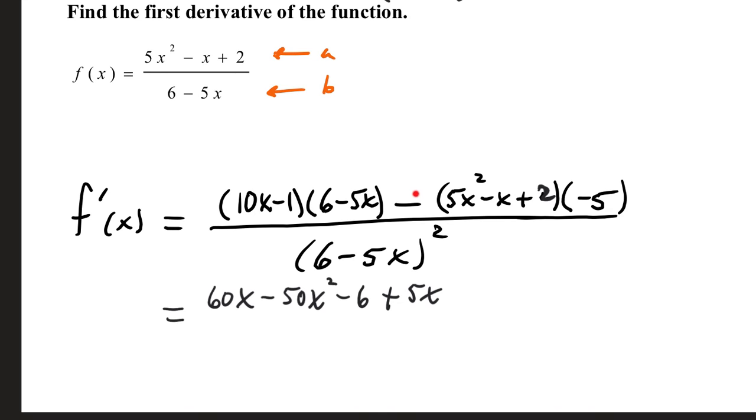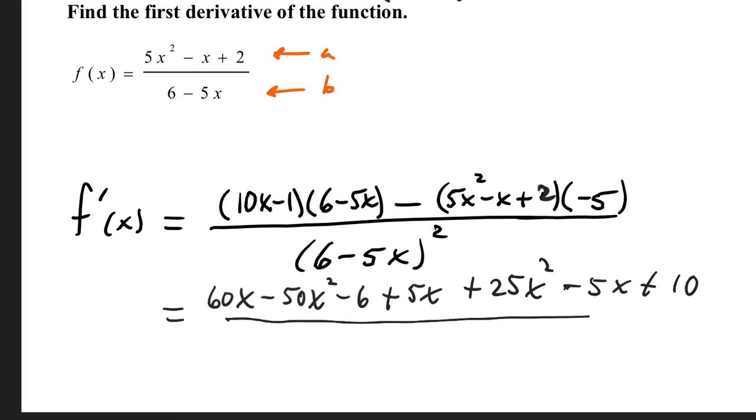In the back, this minus sign and that negative 5 will make a positive 5. So think of it as distributing positive 5 to all three terms in the parentheses. So that will be 25x squared minus 5x plus 10. And all that is over our denominator squared.